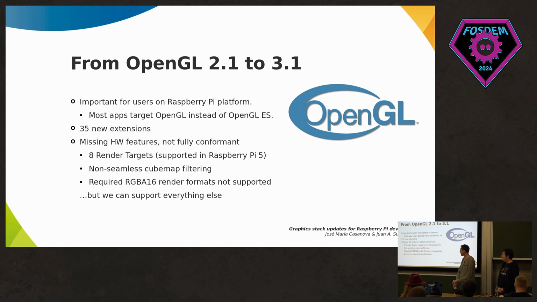And then some other formats are not supported. But all in all, probably these are not the most used features. We support everything else, so from a practical point of view, probably any application that uses OpenGL 3.1 will work on the Raspberry Pi.